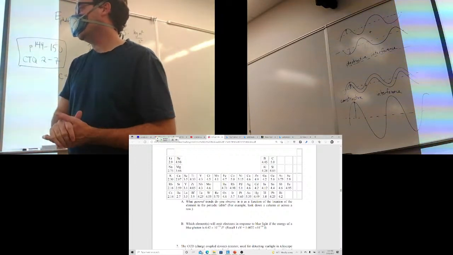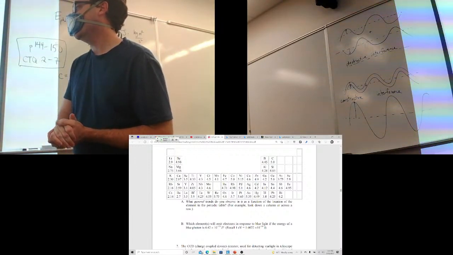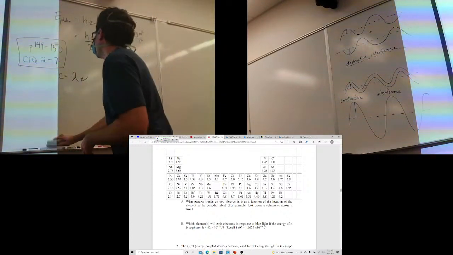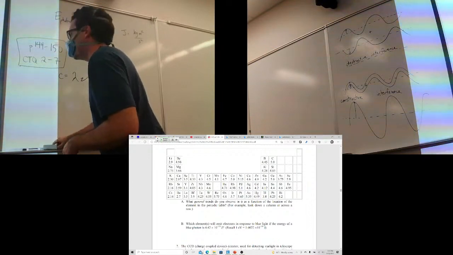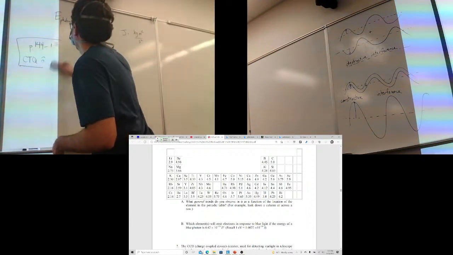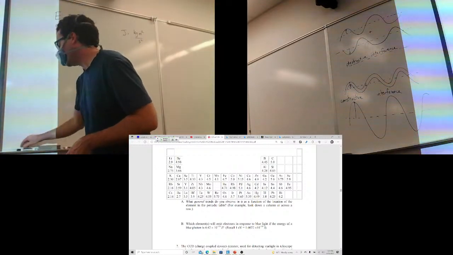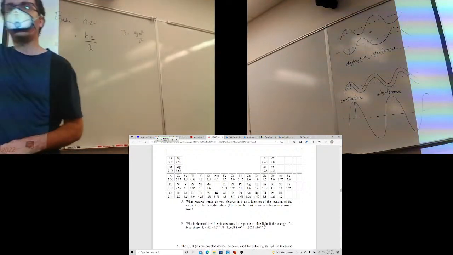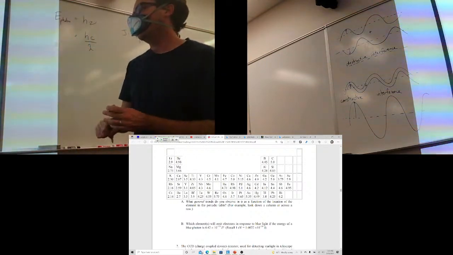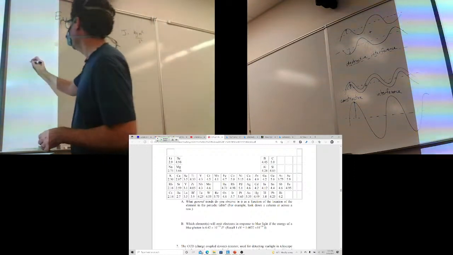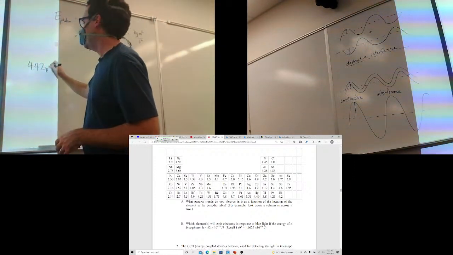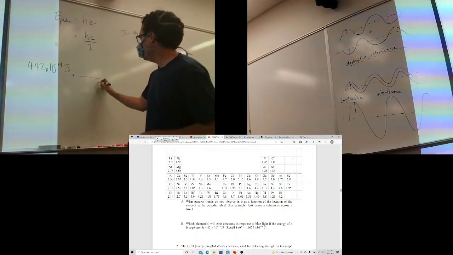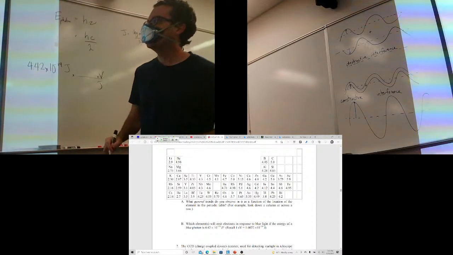So what element will emit electrons in response to blue light if the energy of the photon is that? What we need to do is calculate what that energy is for this blue photon in electron volts, so we can compare to the chart up here. If a photon has 4.42 times 10 to the minus 19 joules of energy, let's calculate that in electron volts instead.